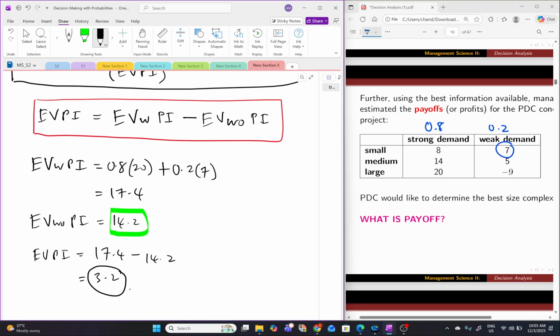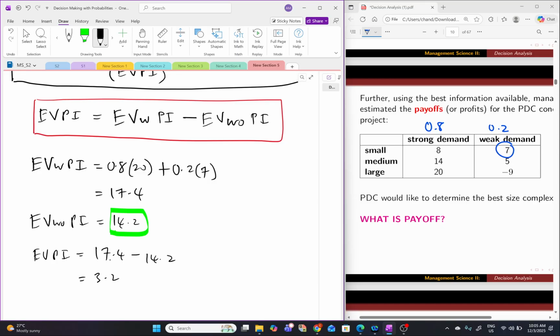Kalau dia bagi informasi dan dia minta lebih dari 3.2, not worth, tak berbaloi. Okay, expected value of perfect information, nilai information dia adalah 3.2 juta sahaja. Ini adalah perfect information, for sure it will happen, this one.